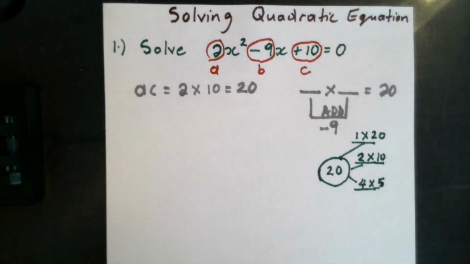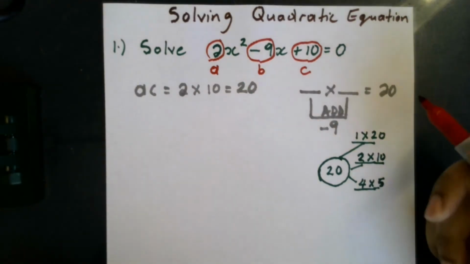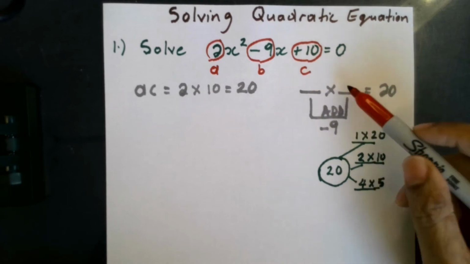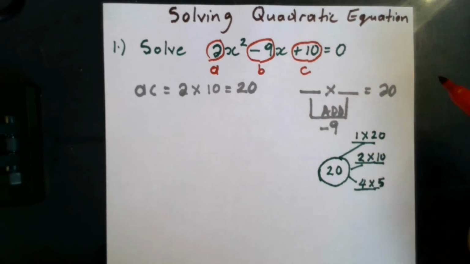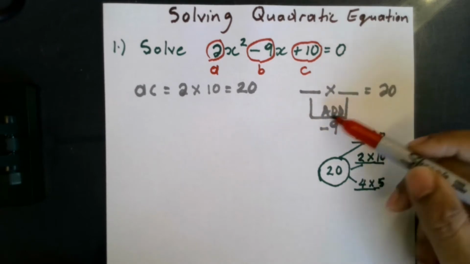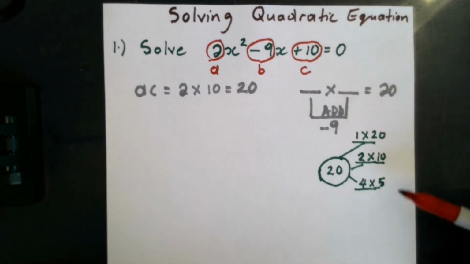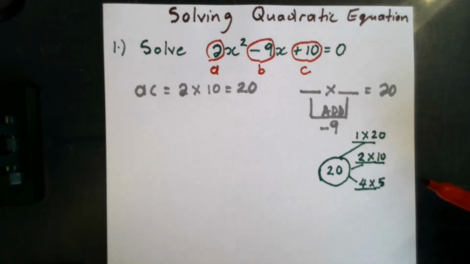All right, now I said that the two numbers that we need, they should multiply to give me +20 and add to give me -9. Now the question is, and this is a question that you should ask yourselves whenever you are doing this problem: which one of these pairs, if I manipulate a pair of numbers to get negative 9, which pair would that be?